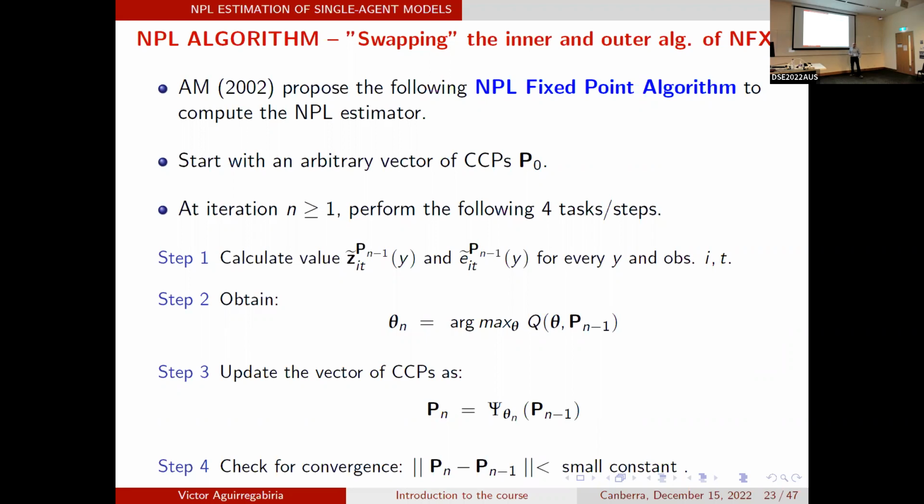And then in step 3, given the new vector theta n, we make one iteration in the fixed point. What does it mean? Well, this is in fact computationally very easy once we have calculated step 1. Step 3 is apparently complicated, but we have done all the tasks already in step 1.